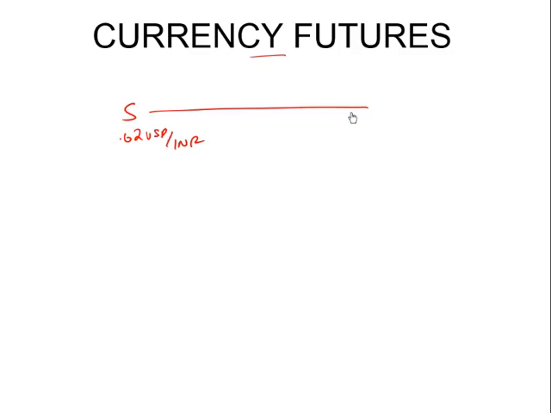Similarly, a US citizen would be coming to India 6 months later and he would need some Indian rupee, or he would want to sell some USD. So again, both of us can enter into a contract to exchange a fixed amount of currency at a fixed rate in the future. At t equal to 0, this is the spot rate of the currency. At t equal to 1, we can exchange the currency at some pre-decided rate k or F naught.